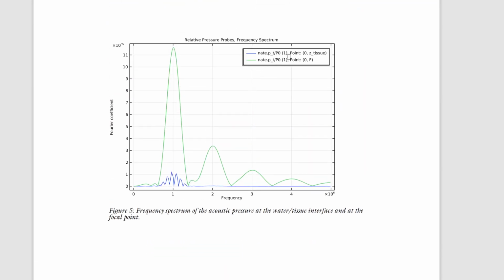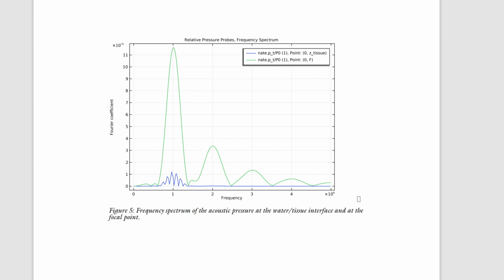Okay, so blue's tissue. Here we go. We have one here focused around this point, high at 1, 2, 3, and these are our harmonics. Fourier coefficient. These are our harmonics because it's going 1, 2, 3, 4, bump, bump, bump, and this should keep going like this until it decays out.